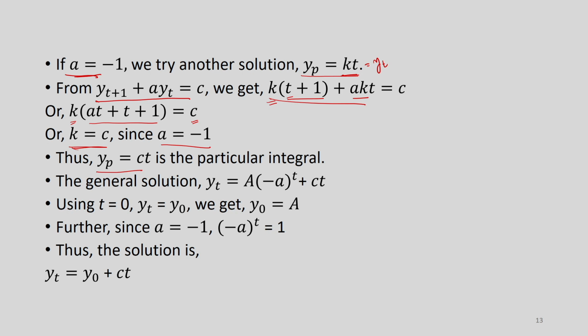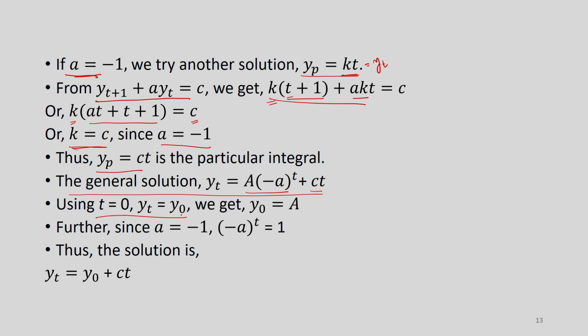It is yp is equal to c multiplied by t. So, the general solution in this case is yt is equal to the CF plus the PI. CF is A multiplied by minus a to the power t, plus c multiplied by t, the particular integral. But again I have to get rid of capital A. So, I again use the initial condition.